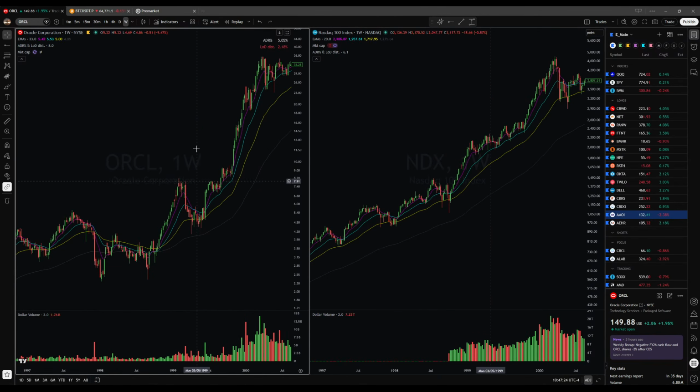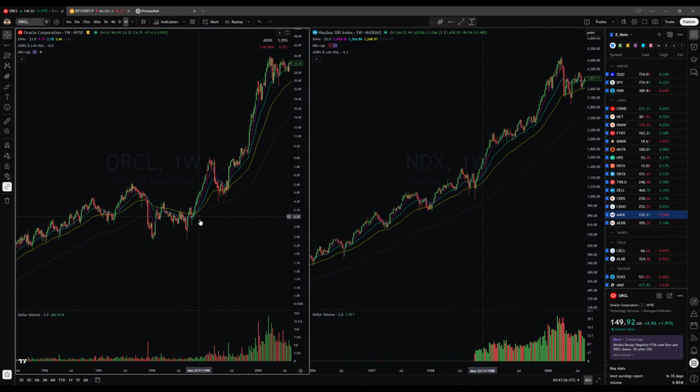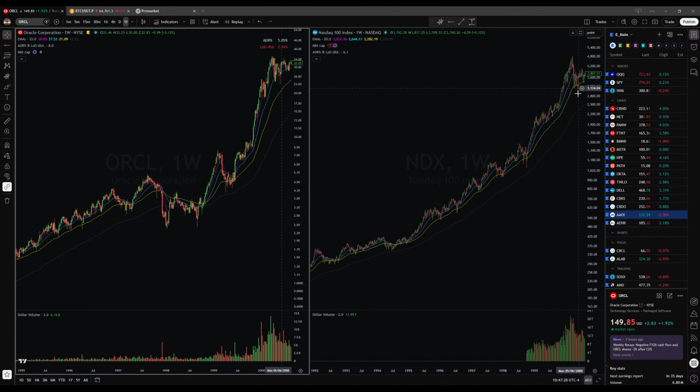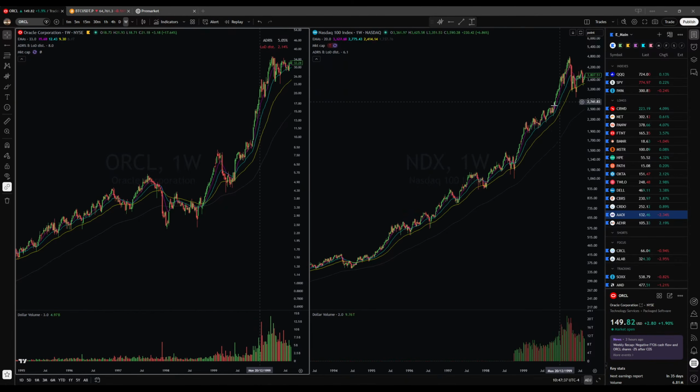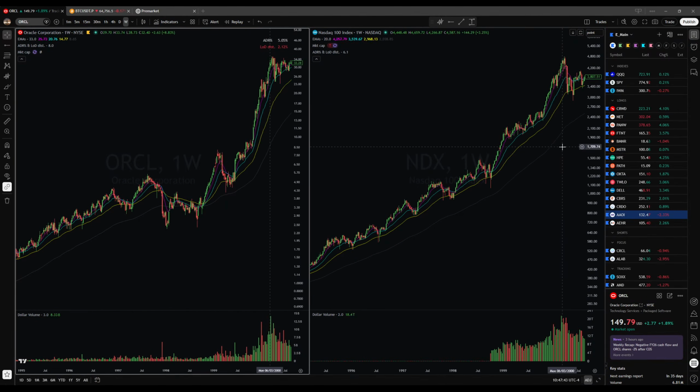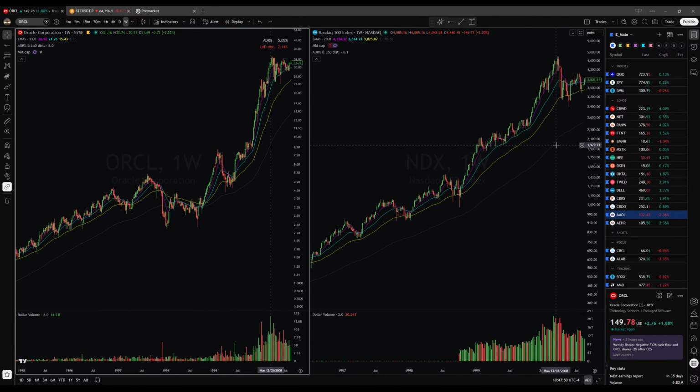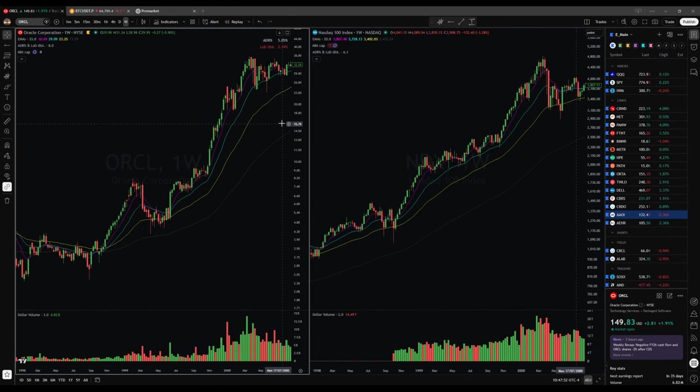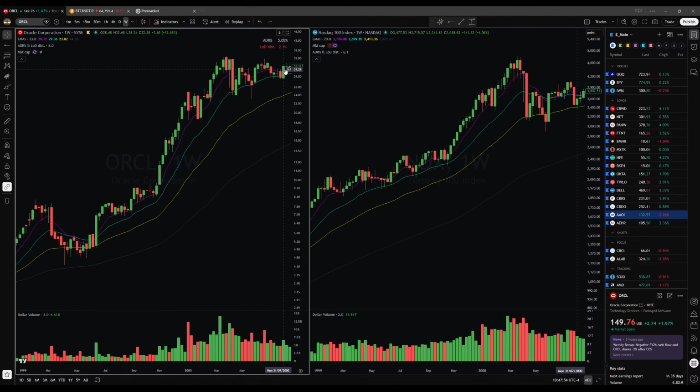Yeah, but the context behind it is we got a pretty extended move, a really prolonged uptrend with general extensions across the market. So the pattern itself, you can definitely still try it out, but you have to be really careful.